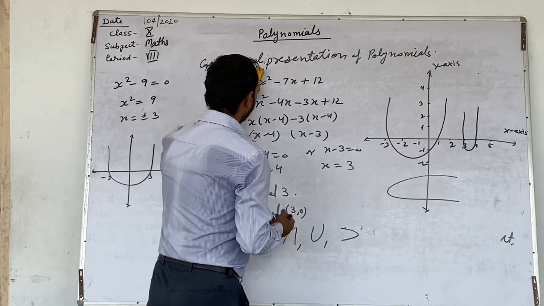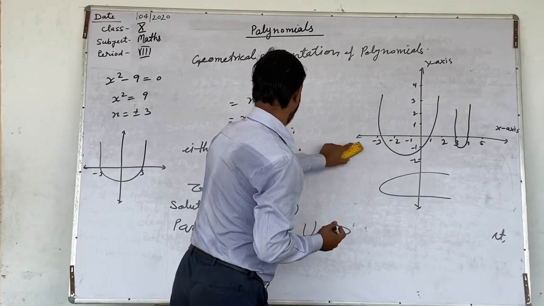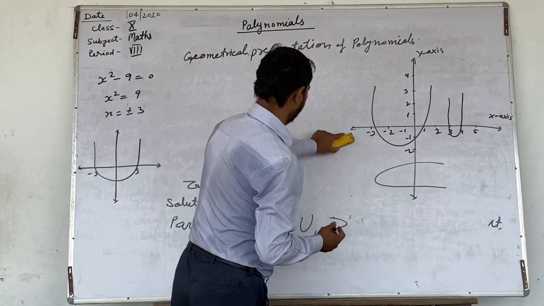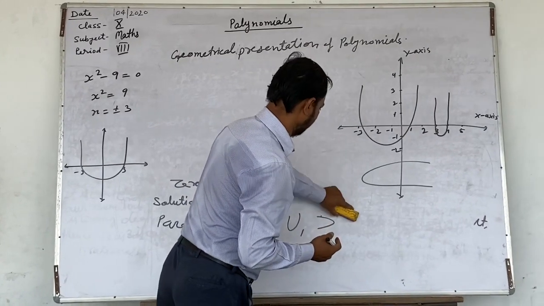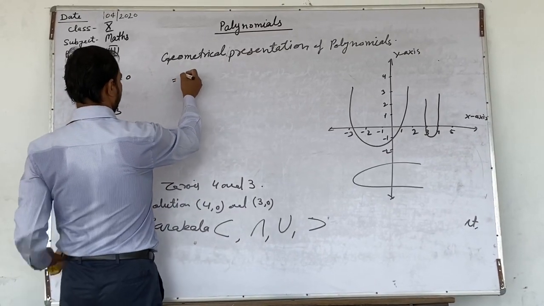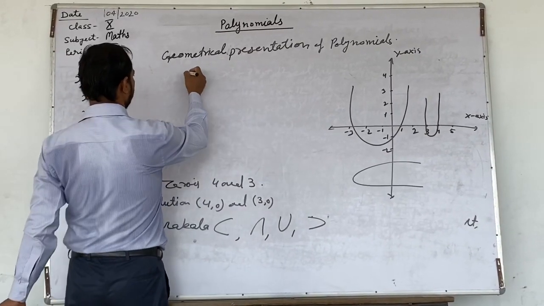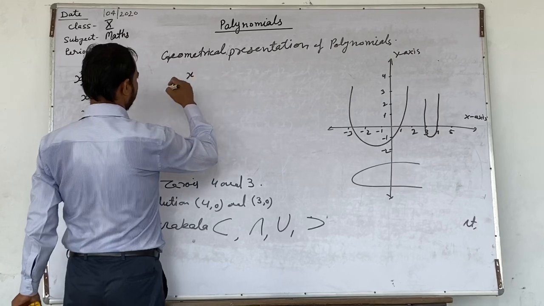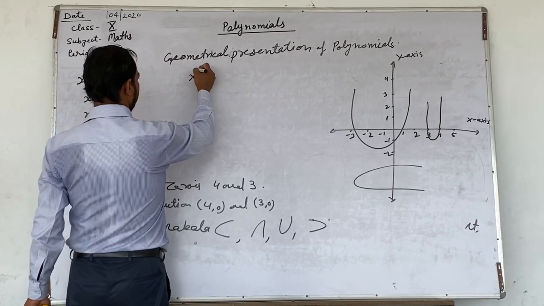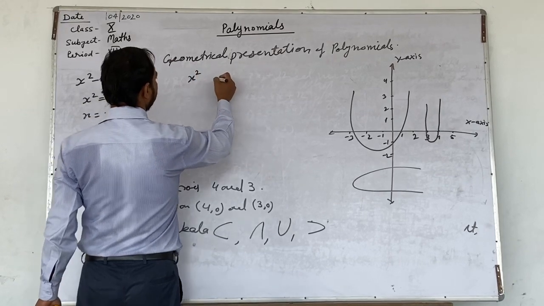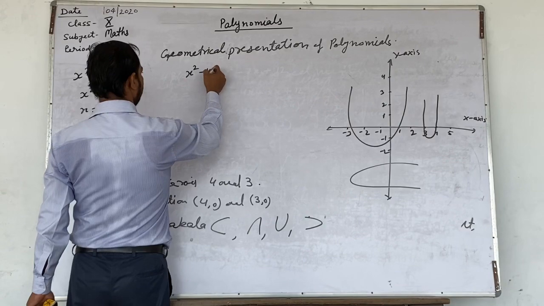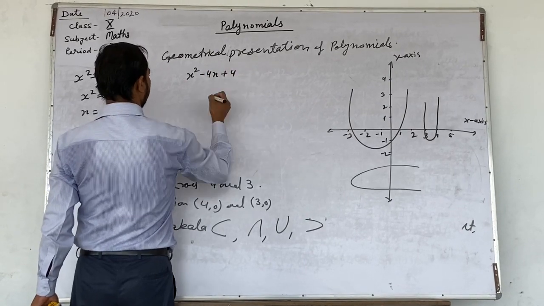Let us take one example. x square minus 4x plus 4.